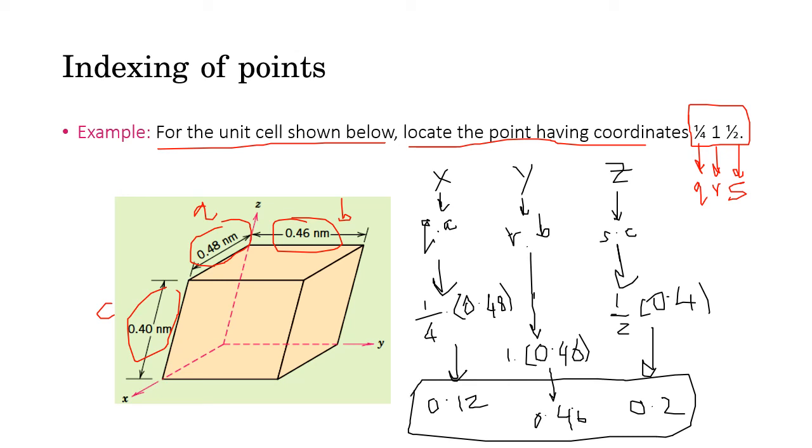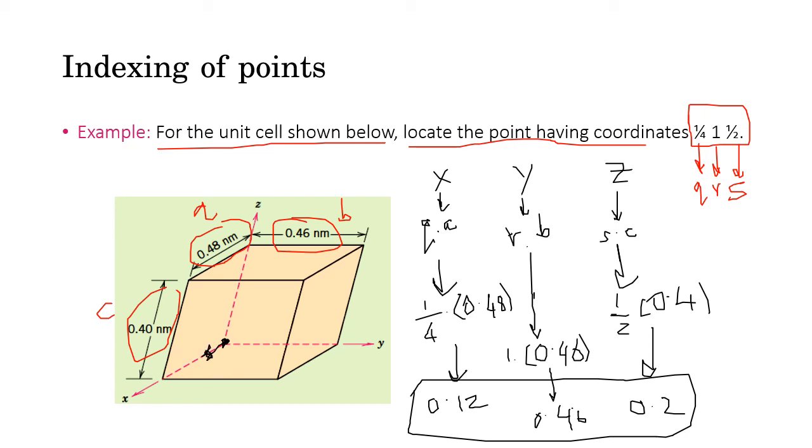So let us look at the point here, and again the origin of the coordinate system lies here. From here we have to travel 0.12 nanometer distance along x-axis. So 1/4 of that, a very small distance. So we come here.